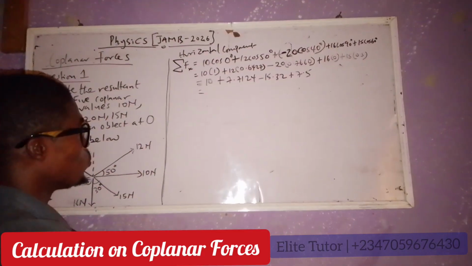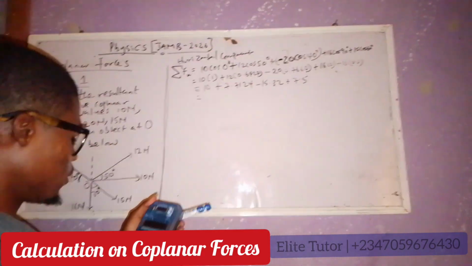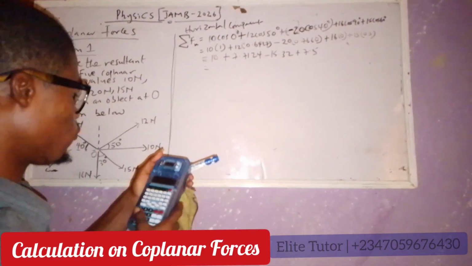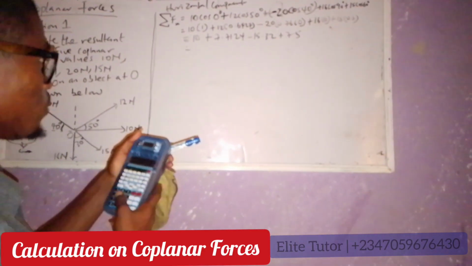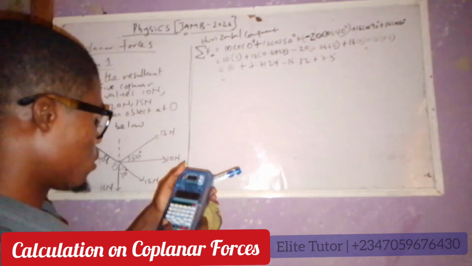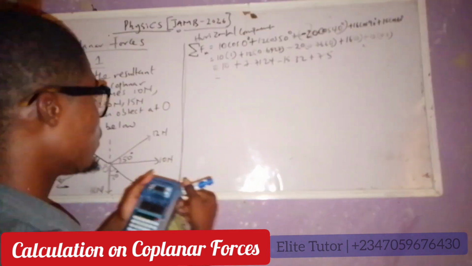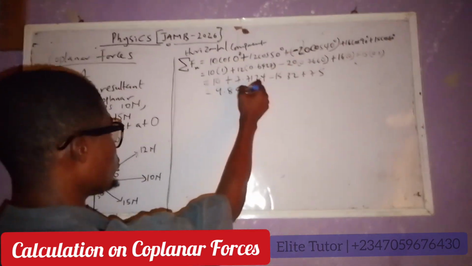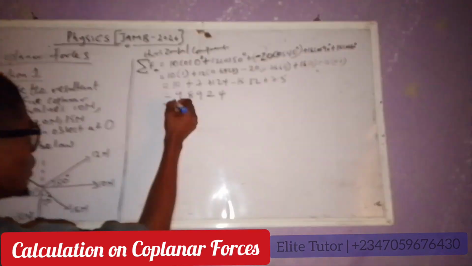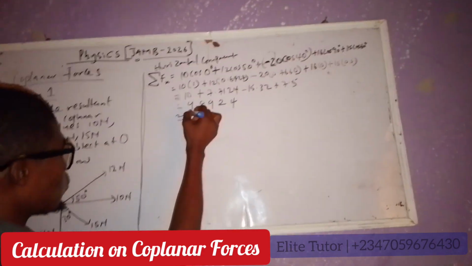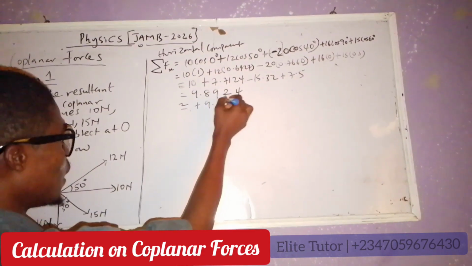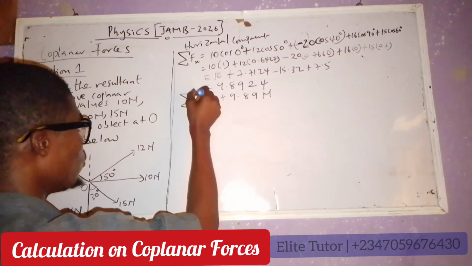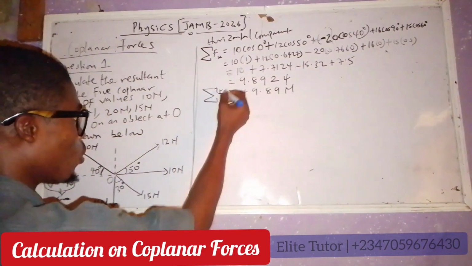Alright, so let's add it up: 10 plus 7.7124 minus 15.32 plus 7.5. At the end of the day we are having 9.8924, which is approximately equal to plus 9.89 Newton. So we have already gotten the value for our horizontal component.